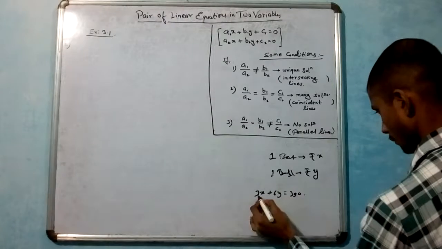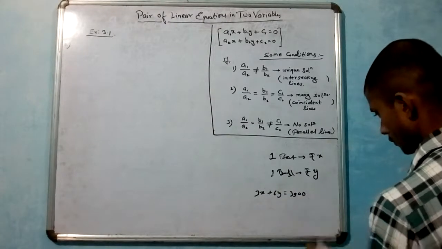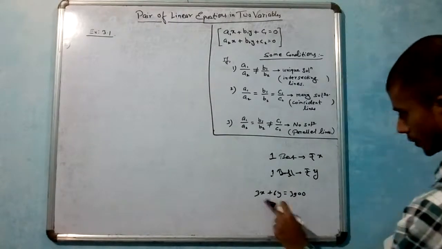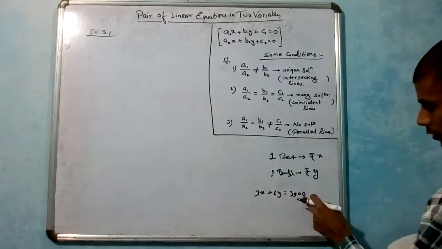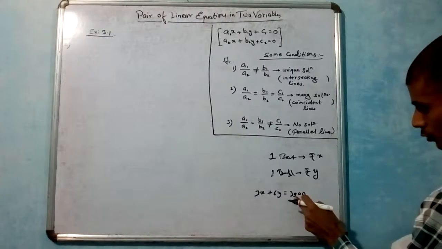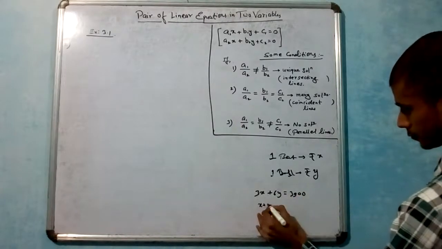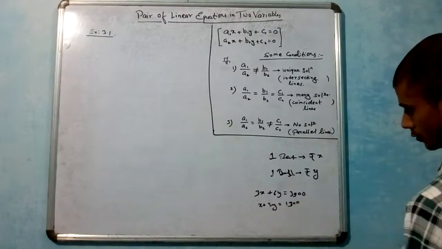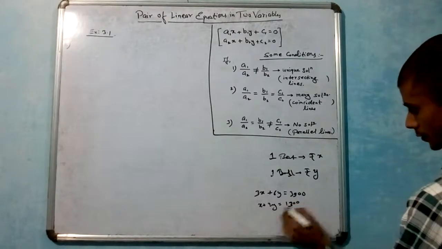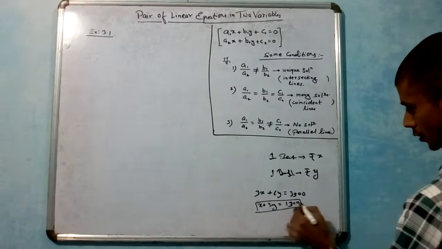Okay, then yes, first. See here, can we simplify this a little? 3 is 6, and 3 will go. 6 is 9, 1300. Okay, first equation, fine.